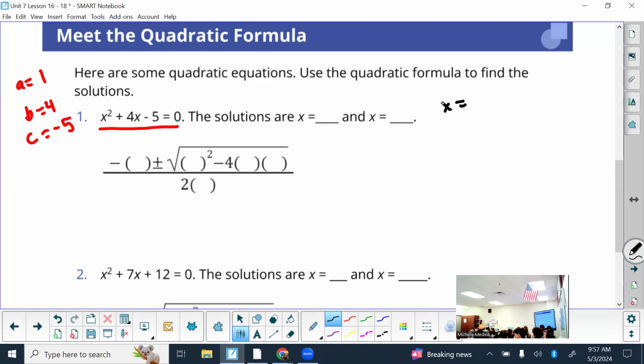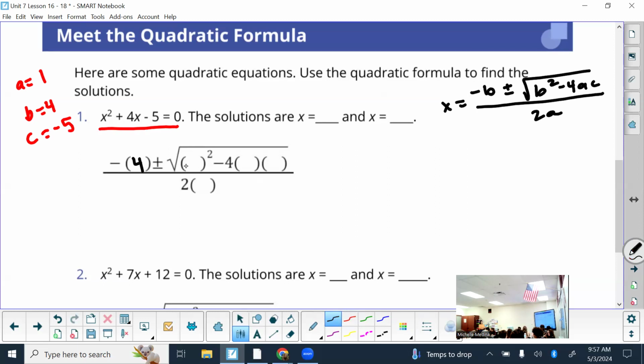Here's that formula, if you didn't write it down. Negative b plus or minus square root of b squared minus 4ac all over 2a. So then what needs to go here where my mouse is? Which we said was, okay, good.